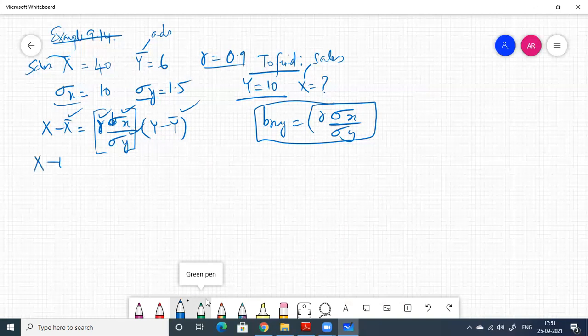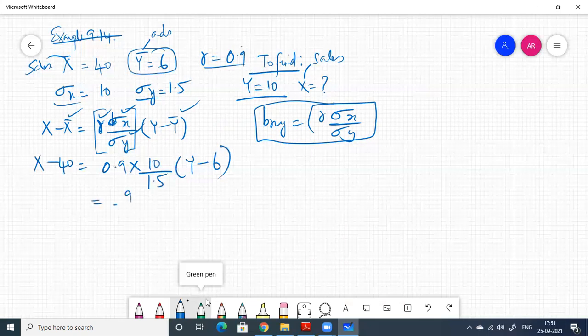x minus 40 equal to 0.9 into, r is 0.9, sigma x is 10, sigma y is 1.5, into y minus y bar. What is y bar? y bar is 6. So that's a very easy sum. 0.9 into 10 will give you 9, by 1.5, into y minus 6.